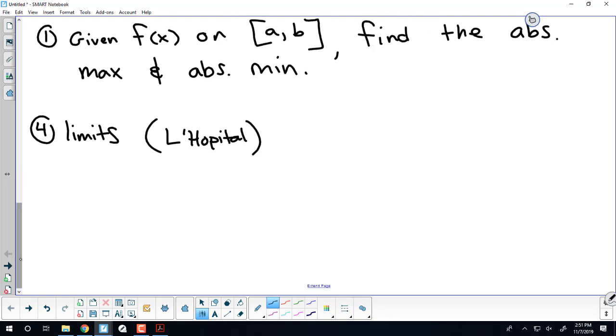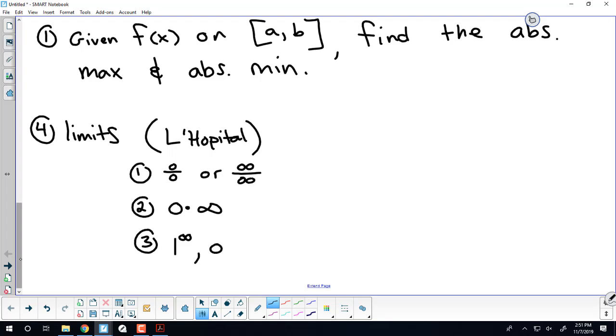So you should definitely know those cases where we had these two that directly apply to L'Hopital's, the indeterminate product for sure, and the 1 to the infinity, 0 to the 0, and infinity to the 0.